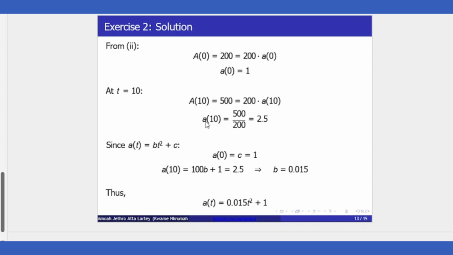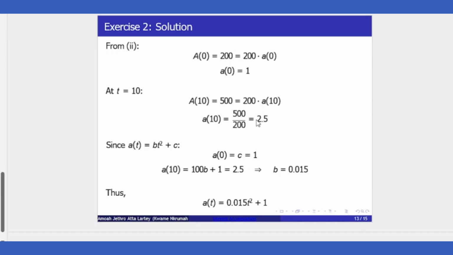That means the accumulation function at time 10, solving for it, gives me 2.5. Now, mind you, the accumulation function at time 0 is equal to 1. Looking at this accumulation function, if I substitute 0 into it, I get C. That means C is also equal to 1.